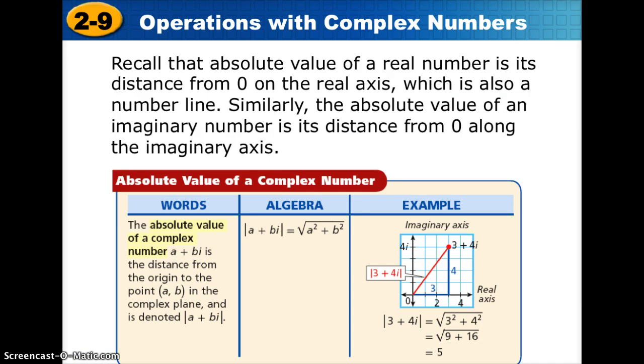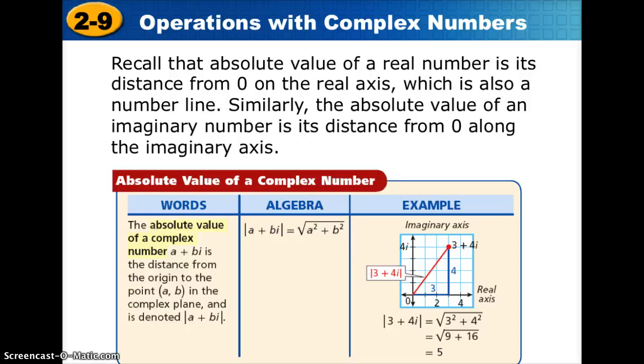Okay, so now let's talk about another thing that we can do, and that's on this complex plane where we have a real axis and an imaginary axis. Let's say that what we want to do is find the distance between 0 and one of those complex numbers. Well, we know that in the real coordinate plane, the Cartesian plane, we use the distance formula to find the distance between 2 points.